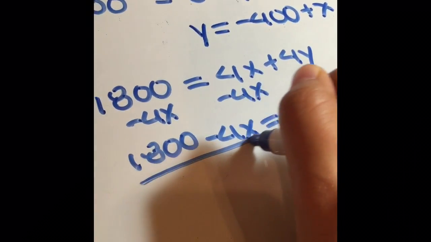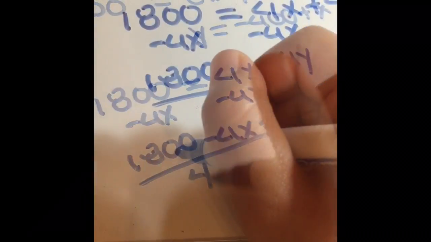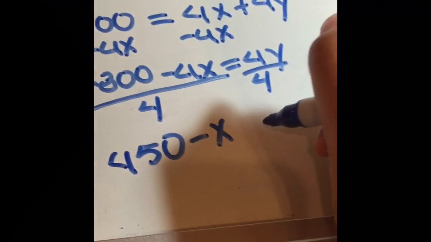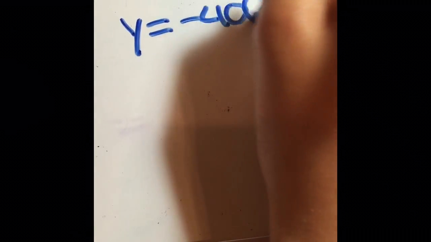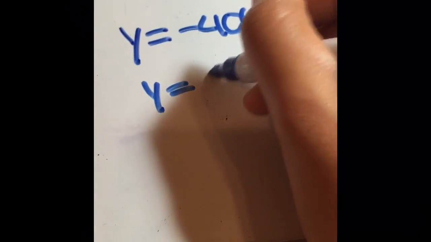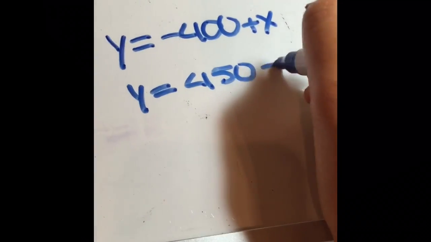Divide both sides by 4. 450 minus x equals y. So the two equations that we will be plugging into our calculator will be y equals negative 400 plus x and y equals 450 minus x.